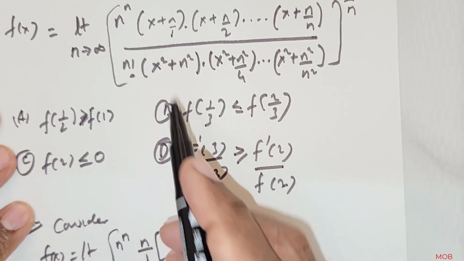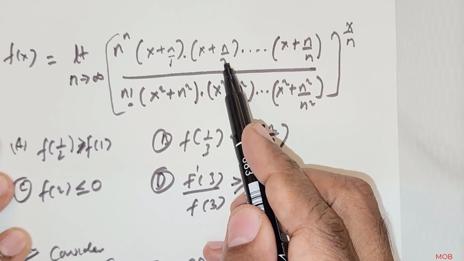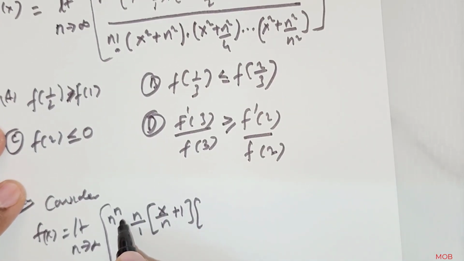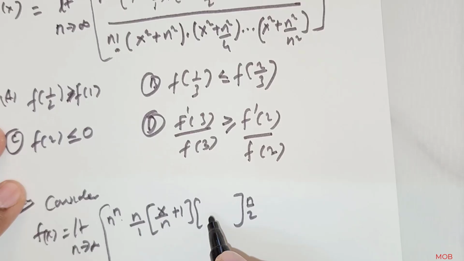That would give me the first term to be x over n plus 1. For the second term I'm going to take n over 2 out. If I take n over 2 out, this is going to be 2x over n plus 1.